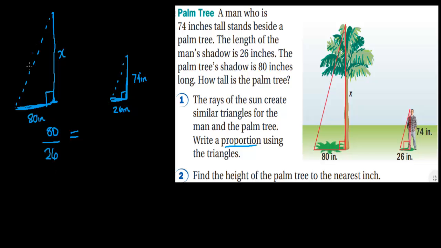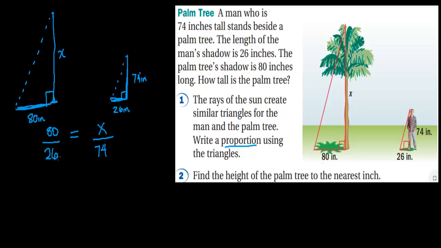Okay? And since I started talking about the palm tree in this ratio, in the other ratio, I need to start over here at the palm tree again. So the height of the palm tree, which is X, corresponds to the height of the man. And notice that I have created 2 ratios. One of them talks about the shadows, the other one talks about the heights.